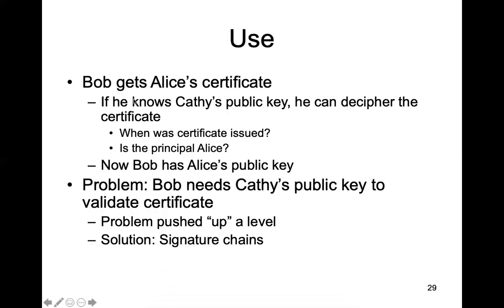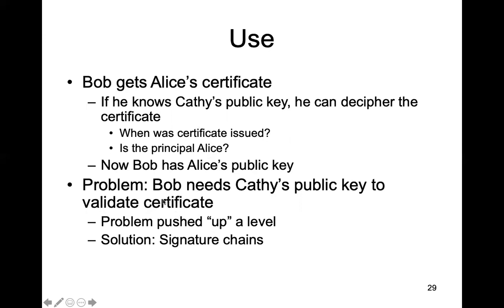Okay, so when Bob gets Alice's certificate, and if he knows Kathy's public key, Kathy is a trusted third party, he can go and decipher or decrypt the certificate and check whether the certificate was issued within a reasonably recent time frame, check whether the person for whom this certificate was issued was in fact Alice, and then therefore bind the public key that he just received with Alice's identity.